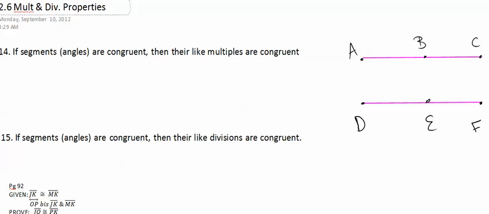When using these theorems, a couple of things usually occur. Usually, we're given something like AB is congruent to DB. So we're given some kind of congruency of the segments to begin with. The second thing that's usually important to note is that we're usually given a note about a midpoint or a trisection point.